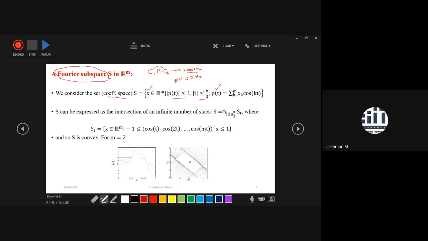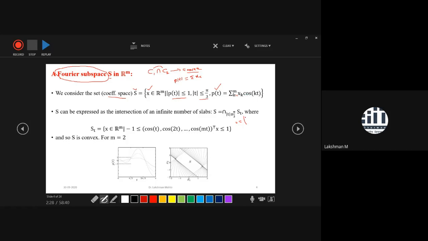We can express this as a linear intersection of sets, each of which happens to be a slab. Here x is the Fourier coefficient, and you consider the normal vector as having components of cosine or sine terms. Suppose p(t) is an even kind of function, then in that case only cosine terms would be there.